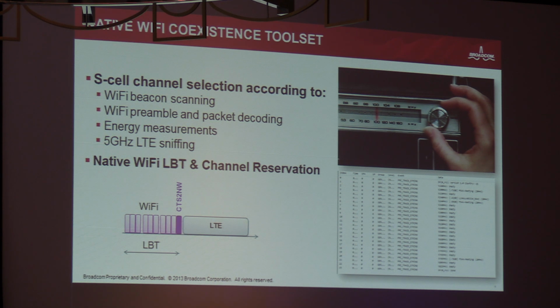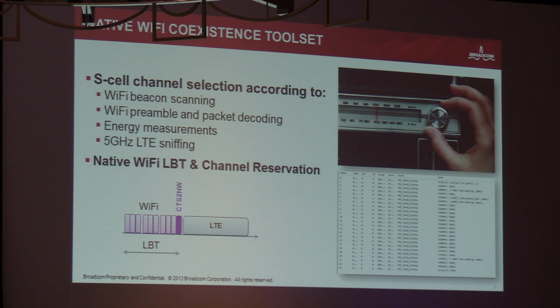And using all of that information, we're taking the decisions on which channel to select. So you'll see that later on a bigger screen, but the fact that we're actually using a Wi-Fi MAC gives us the entire breadth of information that a Wi-Fi access point has when it comes to selecting the channel. So as an LTE-U or LAA small cell, we actually have access to the same level of information.